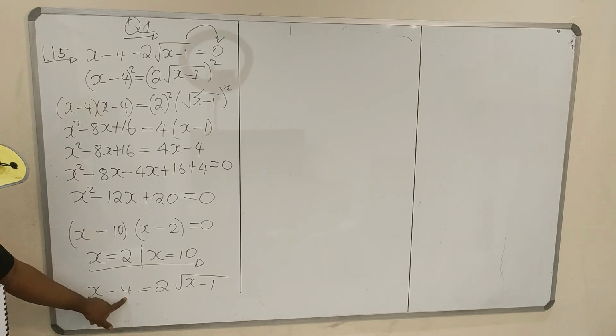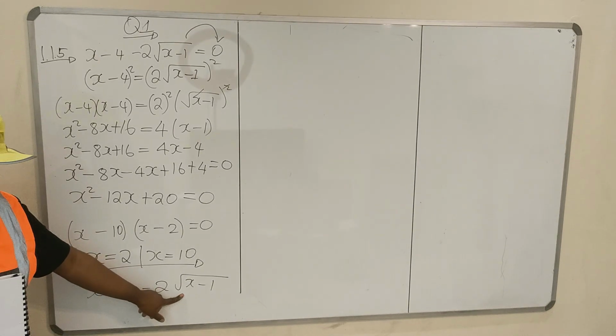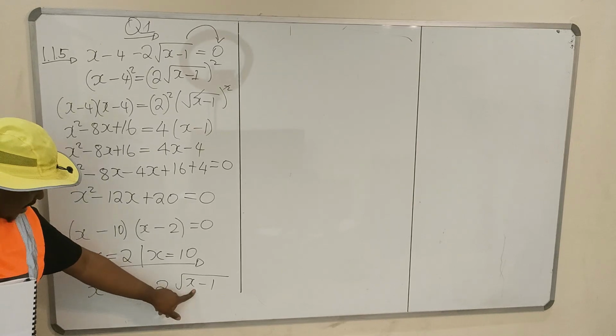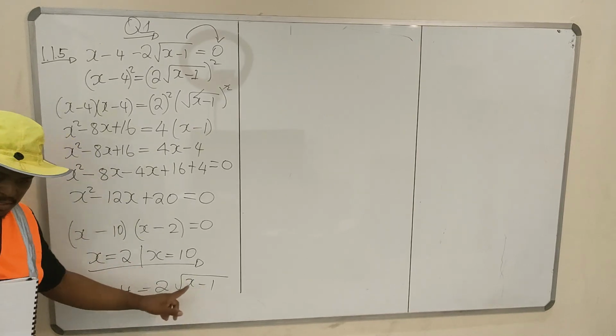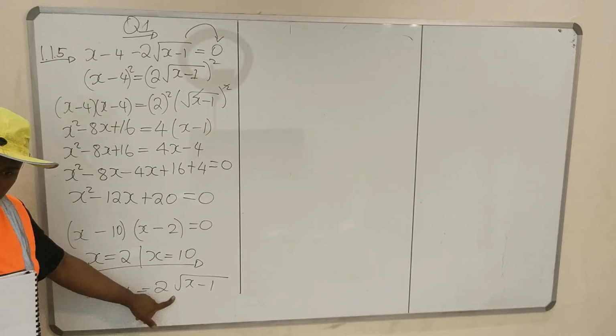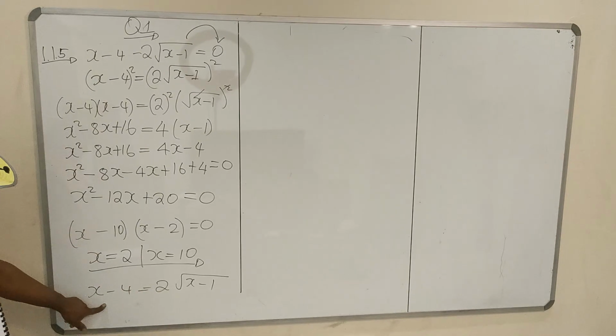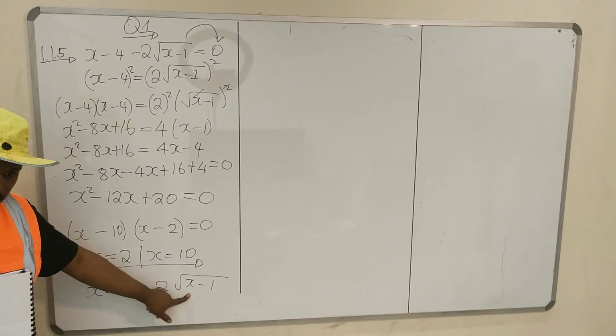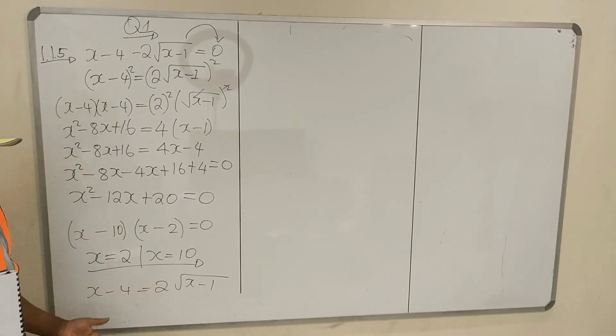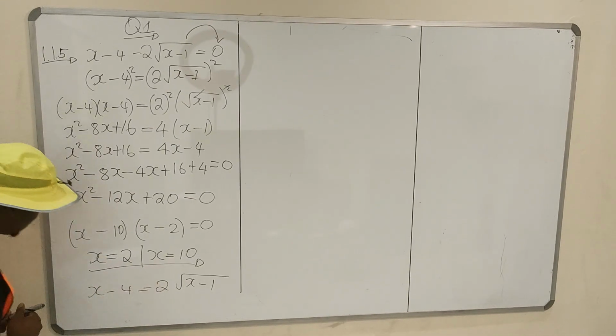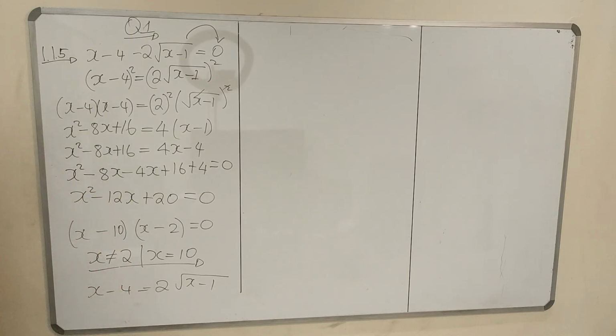Minus 2. And what will be the sign of this thing here, if you put x there? This thing is always positive. This will always be positive. But if x is 2, what sign would this be? Negative. And that one will be positive. So is it possible for a negative thing and a positive thing to be equal? No. So this one by default you can see that it doesn't make sense. You can test it the traditional way. It will not work, definitely.